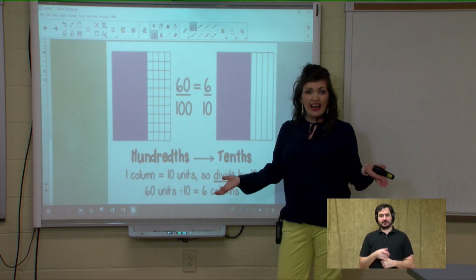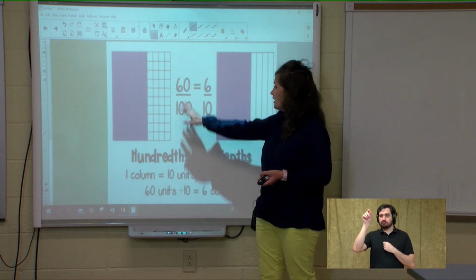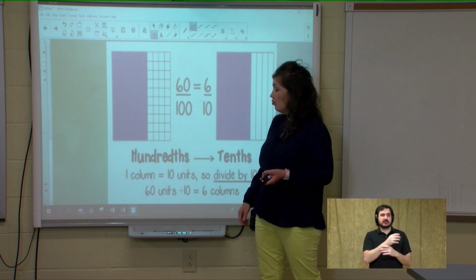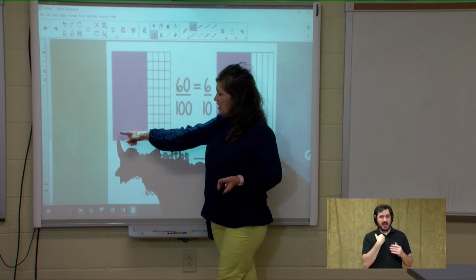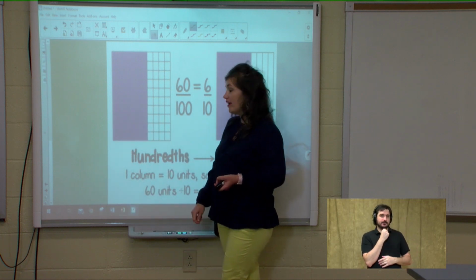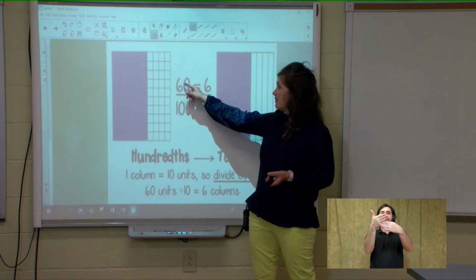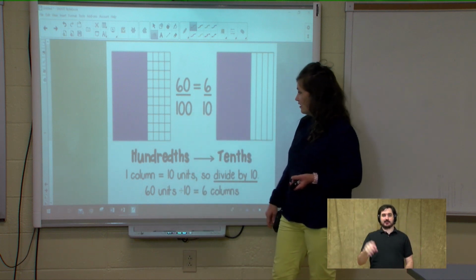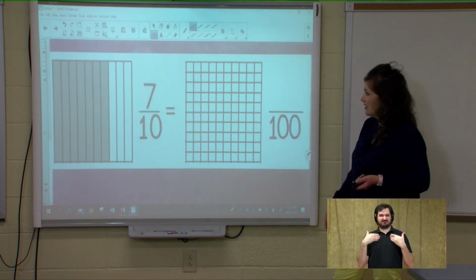Well, let's say we didn't have the place value tiles and we wanted to figure out an equivalent fraction of tenths from 60 hundredths. Well, if we have 10 hundredths, how many tenths is that? 1/10. Very good. So we could divide by 10. We could say 60 divided by 10 is 6, and 100 divided by 10 is 10. Let's keep going. Great job, guys.